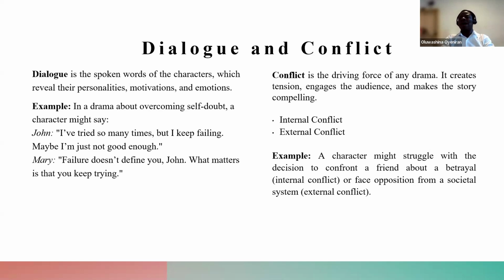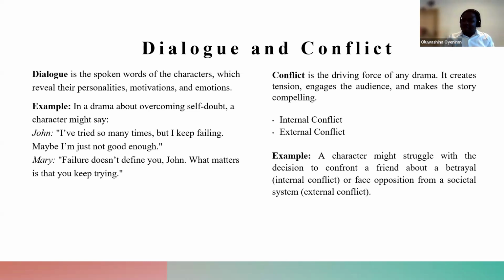Take for example, a character might be struggling with a decision to confront a friend, probably about a betrayal, or face opposition from a societal system. Now, the internal conflict here is the personal struggle the character is having about confronting the person, probably fear.